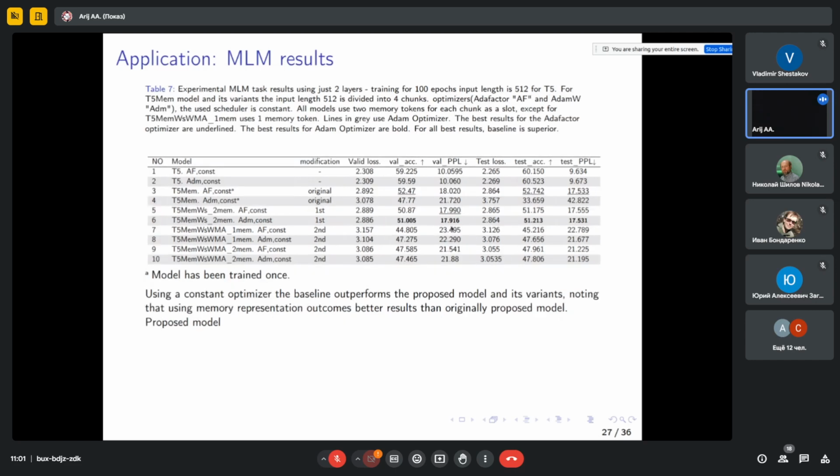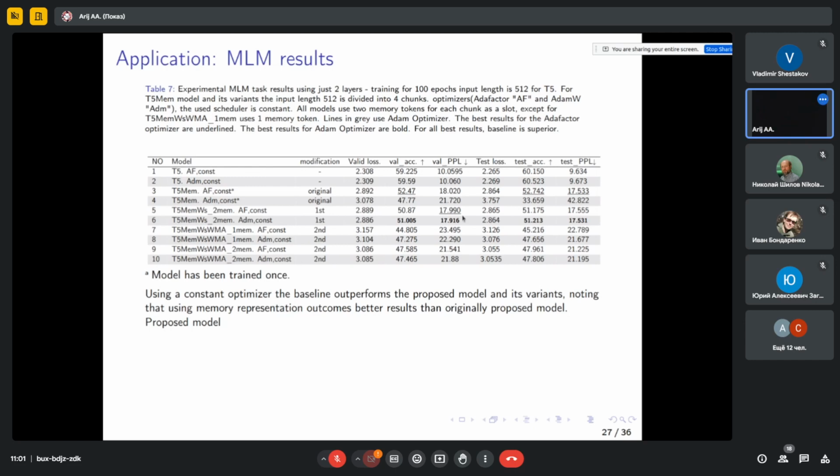What if we use a different scheduler, constant? Using constant brings the results down, and the proposed model with all versions and modifications was worse than the baseline.